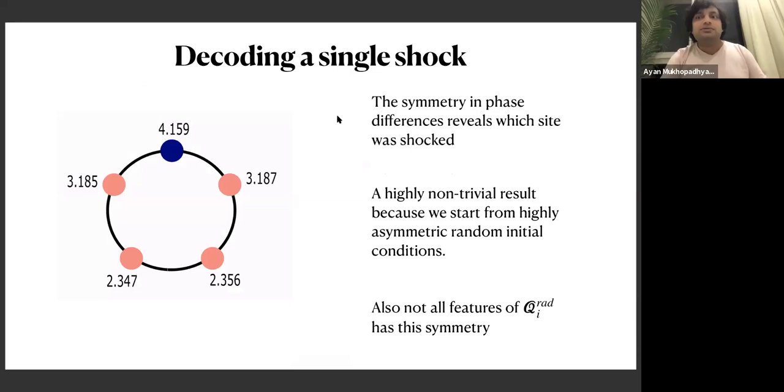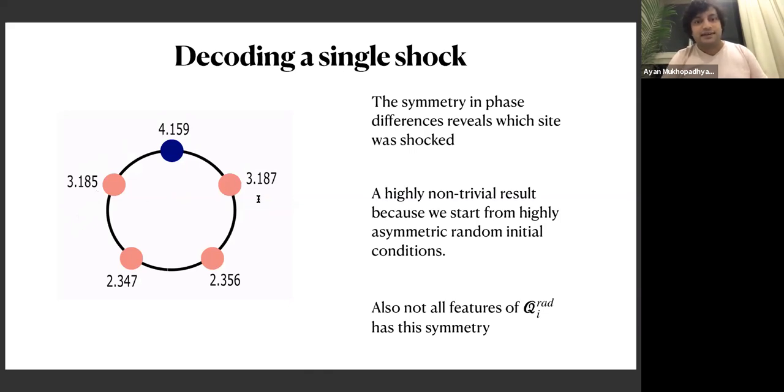So here is how decoding a single shock will go. Suppose this is a five-site model, and this particular site has been shocked, and this is what we write here as the phase differences between these two normal mode frequencies. You see there is some kind of symmetry, and this symmetry is actually exact within our numerical accuracy.